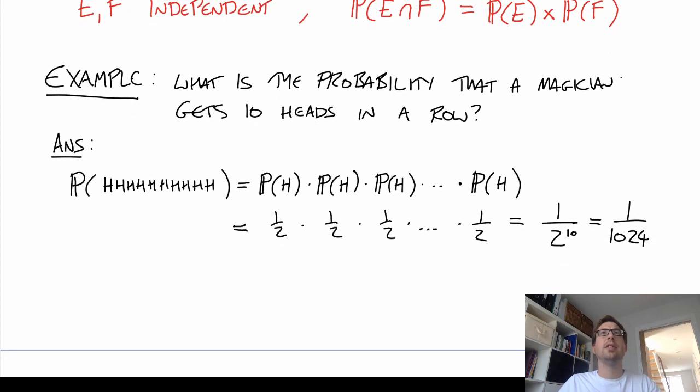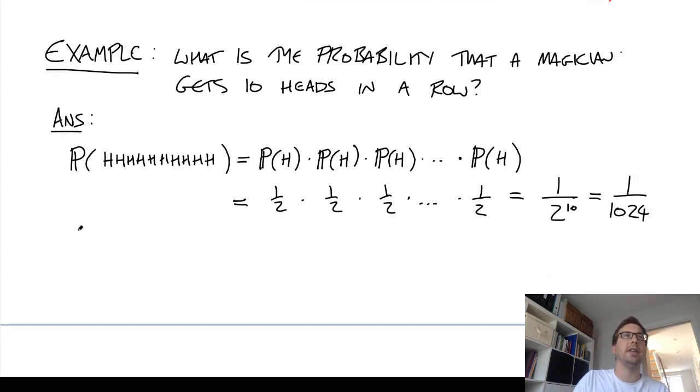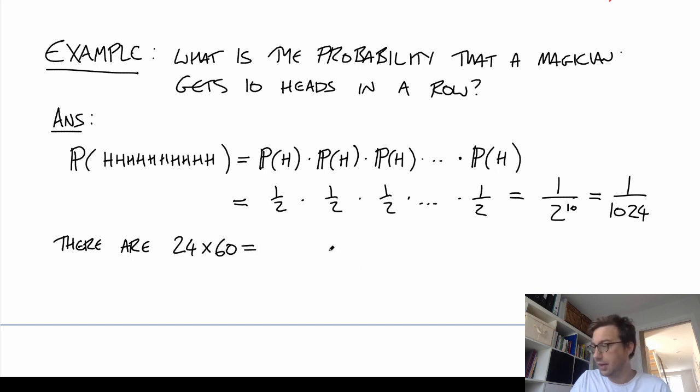If we do the following calculation, how many minutes are there in the day? There are 24 times 60 minutes in a day, which is 1,440 minutes. So let's suppose every experiment of throwing a coin 10 times took 1 minute.